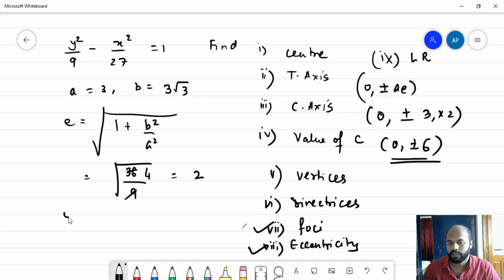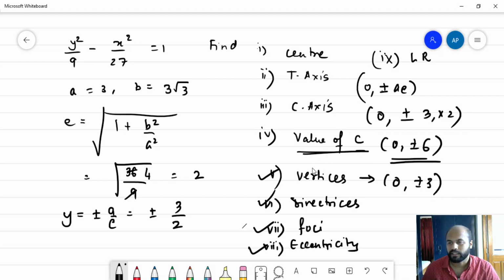That is going to be y is equal to plus minus a by e. So a is 3 and e is 2, so plus minus 3 by 2. This is the directrix. The vertices are of course 0, comma, plus minus a, that is 0, comma, plus minus 3.